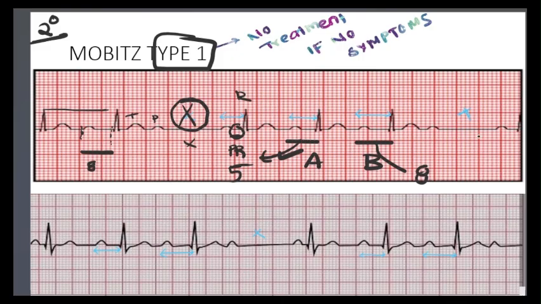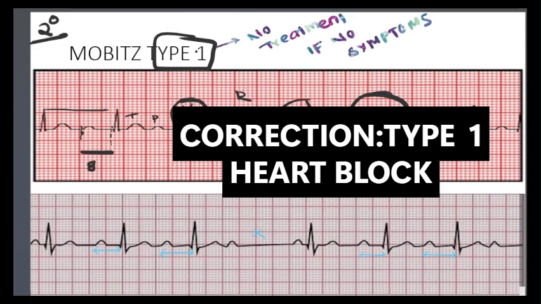And again, see here, here is a block. So there is progressive prolongation of the PR interval before a missing of a QRS complex, and this is Mobitz type 1.